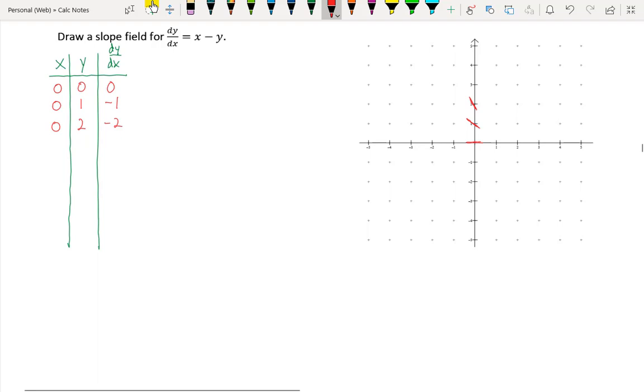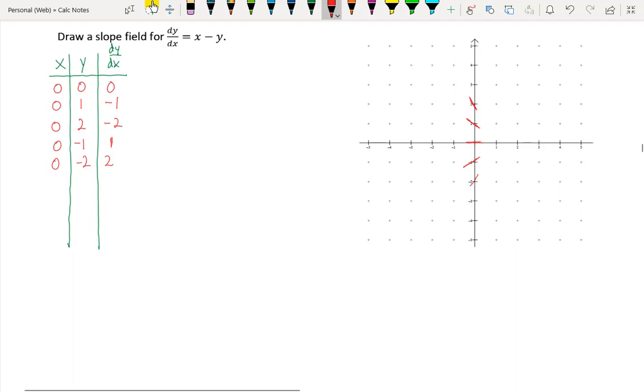So we'll go somewhere else here. Let's try 0, how about a -1 here? So now we've got 0 for x, -1 for y. So we're going to do 0 minus a -1. That's going to be +1 down here. So now we have a +1 slope. All right, let's try a 0, -2 here. That's going to be a +2 slope.